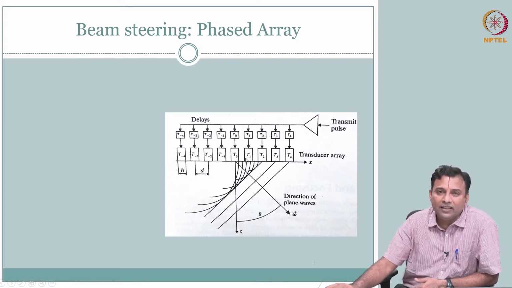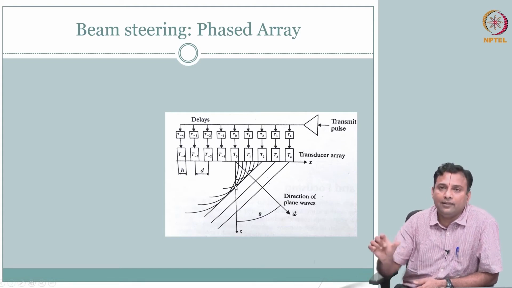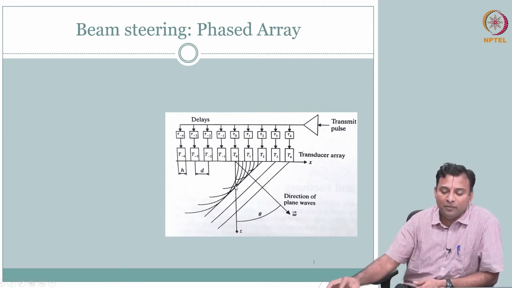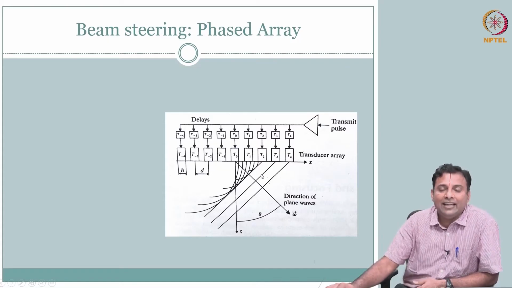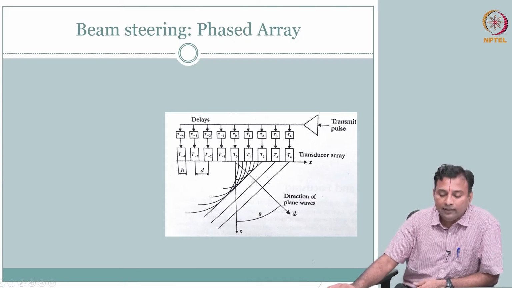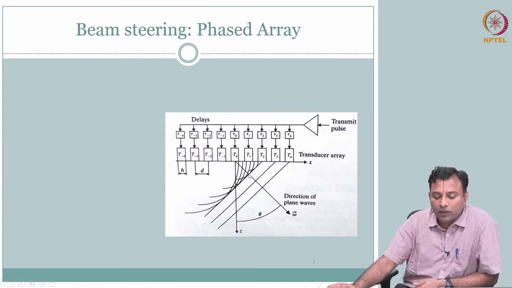We do not call it distance, we usually refer to it as path length. Path is the path the wave is taking, length is the length in the direction: the path length that a wave takes from T0 to come here, and the path length that T1 takes from here to come here. What is the difference?